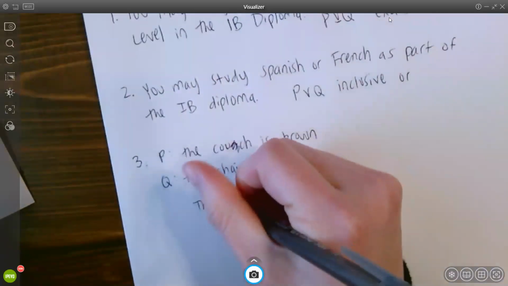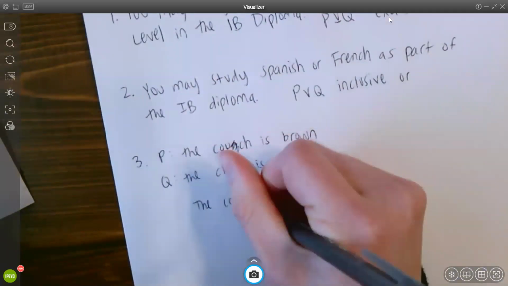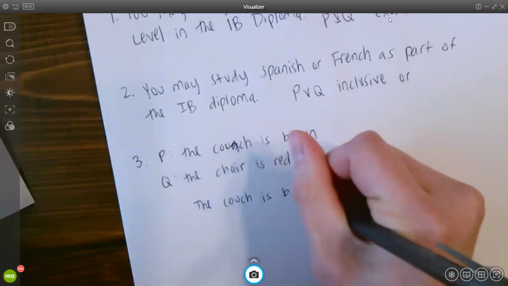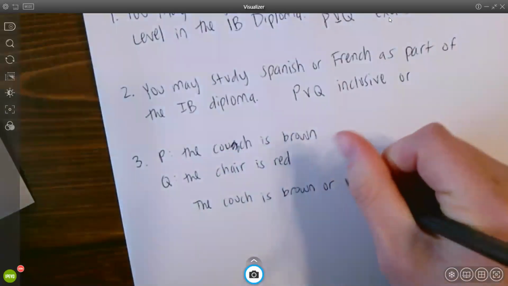And really, since both of these are ors, the couch is brown or the chair is red.